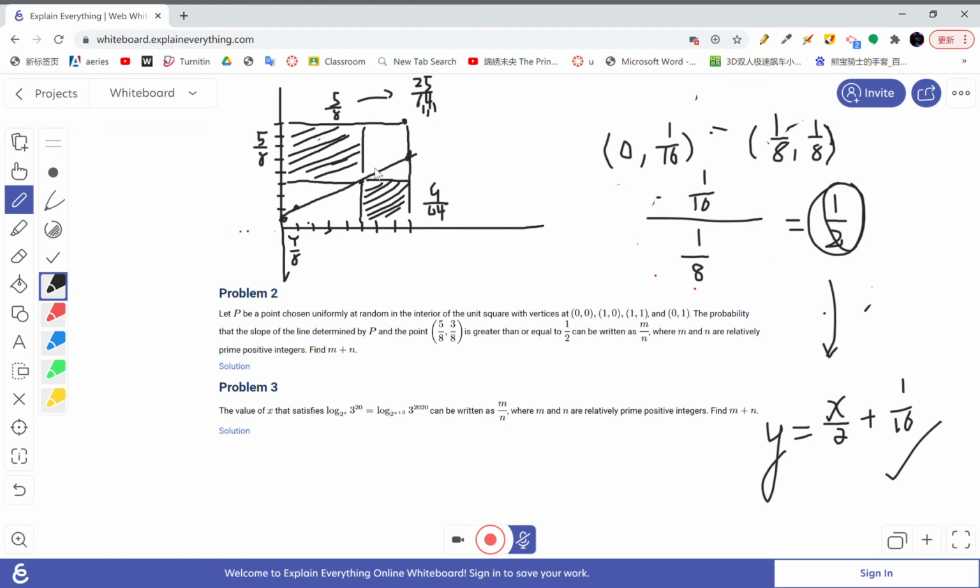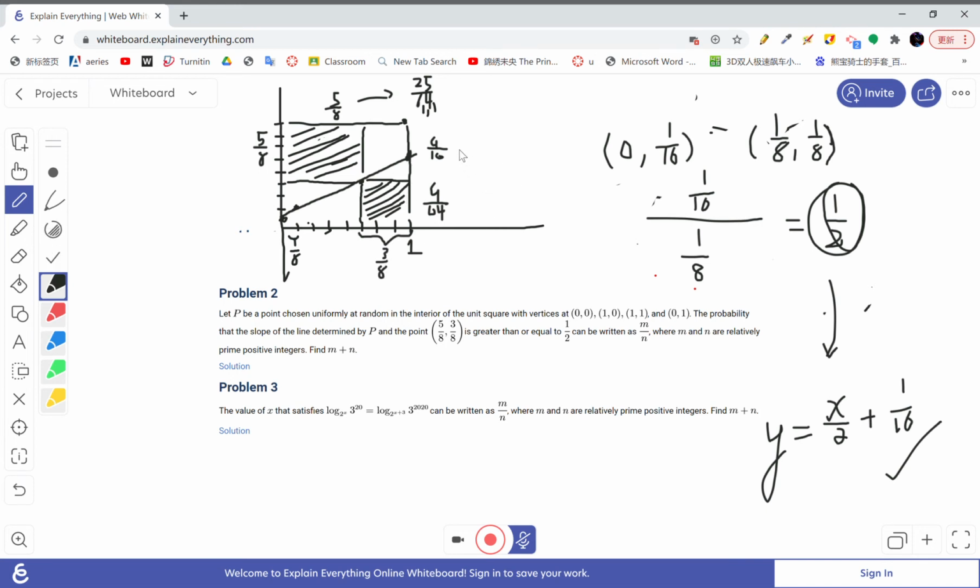So we plug in this and we see that this is 1, right? So 1 over 2, which is equal to 8 over 16. So this is 9 over 16, right? And we know that the height is 3 over 8 because we know that this is 3/8. So we want to find this.